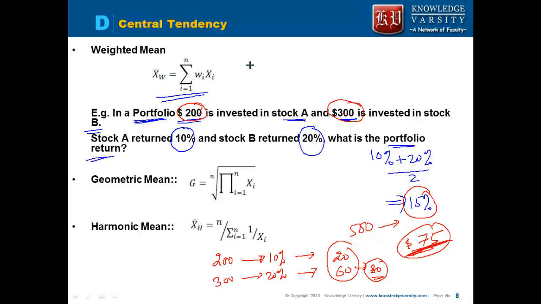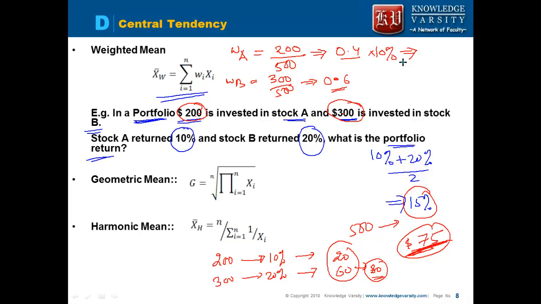So what we can do is compute the weighted mean. To compute the weight of A, the amount of money you have invested in A is 200. The total money you have invested is 500. So the weight of A is 0.4 and the weight of B will be 300 divided by 500, that will be 0.6. Then you multiply this with the return of A, which is 10%.